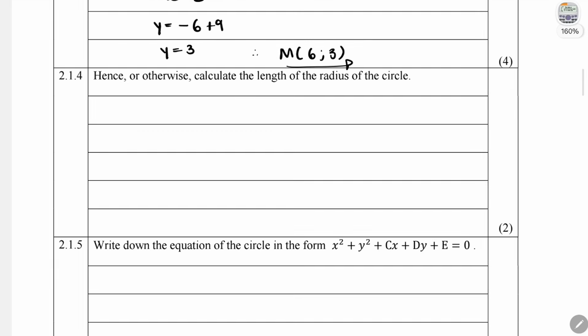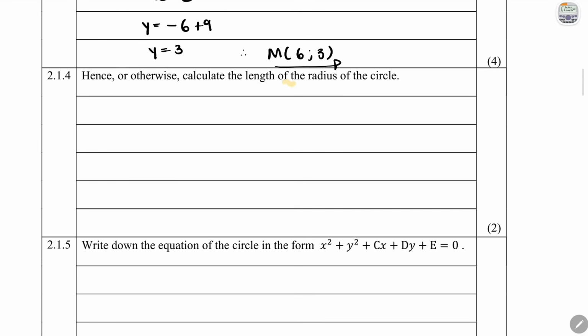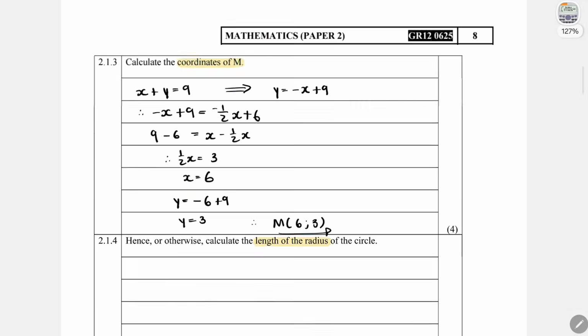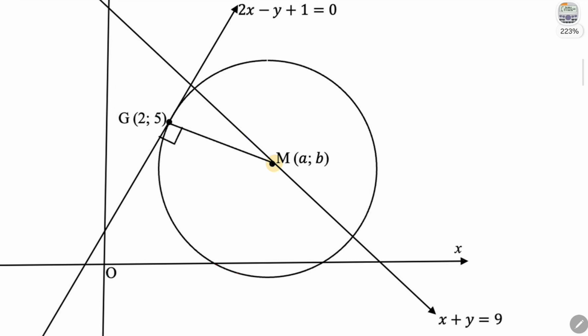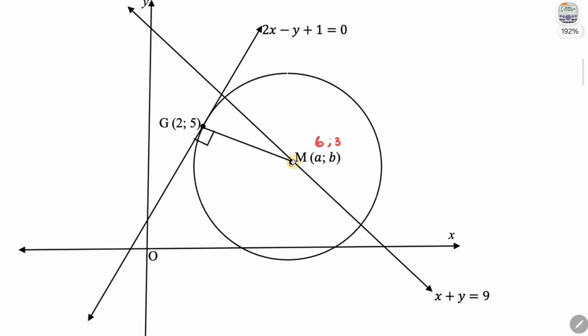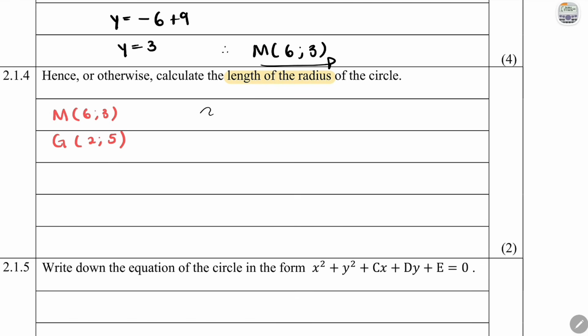Question 2.1.4 says, hence or otherwise calculate the length of the radius of the circle. So we have the center of the circle now as (6, 3). And now we can finally just use this to find the distance of GM. So we just need M and G. Using the distance formula, MG or GM is equal to the square root of (x2 - x1), so we can just say top minus bottom.